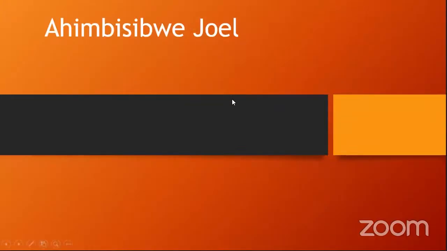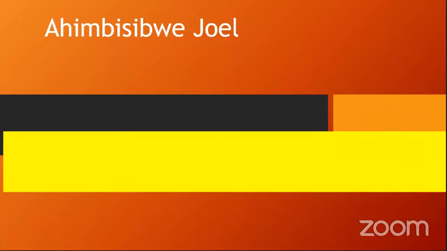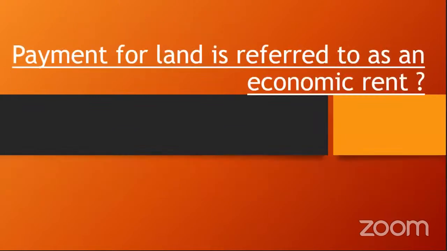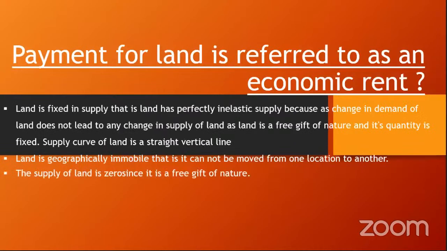Okay. Why land is referred to as an economic rent, that is what we have looked at. That was our question. So we continue that the payment for land is referred to as an economic rent because of the following reasons. Number one, land is fixed in supply.